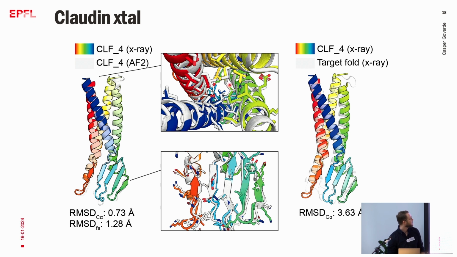You see it's really just spot on between the prediction and the crystal. And on the surface, there's more variation, because on the surface, of course, you have more degrees of freedom. So this is definitely harder to predict. This makes sense. And when we compare it to our initial fold, we're about 3.6 angstrom away. Here in colored, we have our crystal, and in gray, we have our target fold, which is the crystal we used as a template to design this structure.